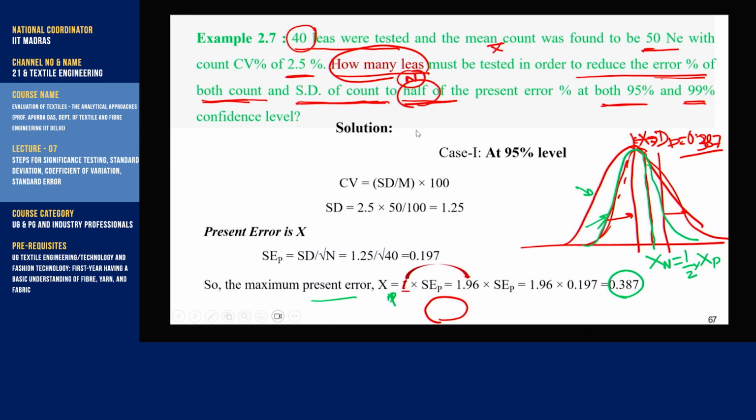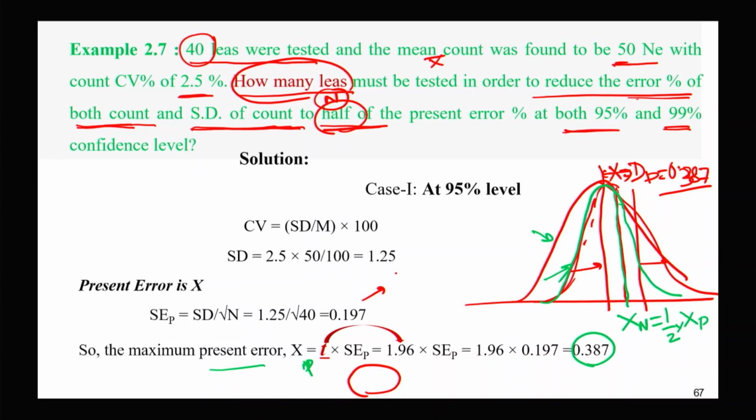For standard deviation, only one difference will be there, the standard error. Please tell me what will be the standard error of the standard deviation of the population. This is the standard deviation by under root 2n.